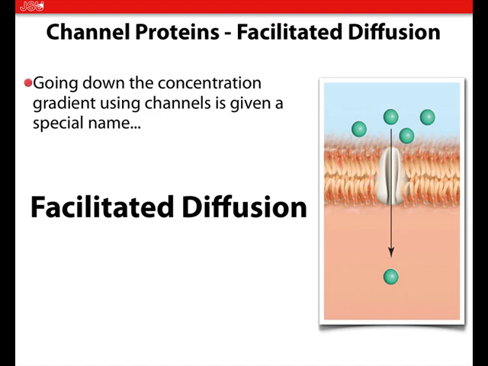So facilitated diffusion is assistance going on with diffusion. Diffusion is what? Areas of high concentration to areas of low concentration. Facilitated diffusion is the use of a channel, a tunnel, to go from areas of high concentration to low concentration. Why is this needed? Because the objects going from high to low, because of their makeup, simply cannot fit in between the membrane because they might be too large or they might have too much of a charge.